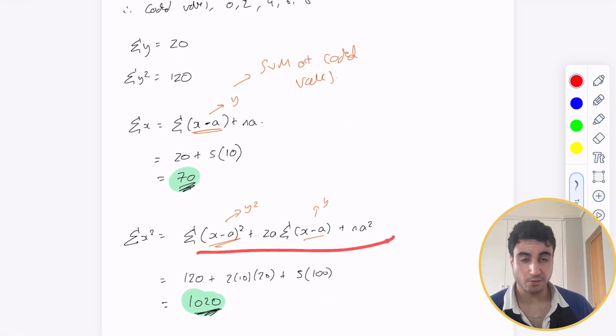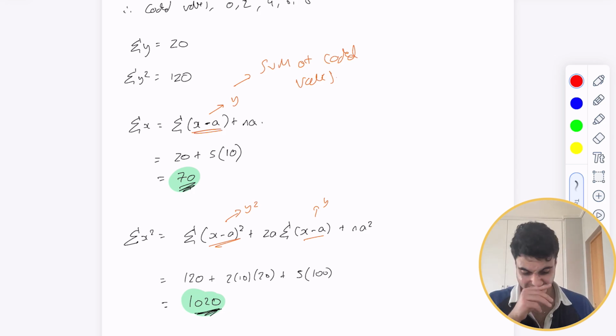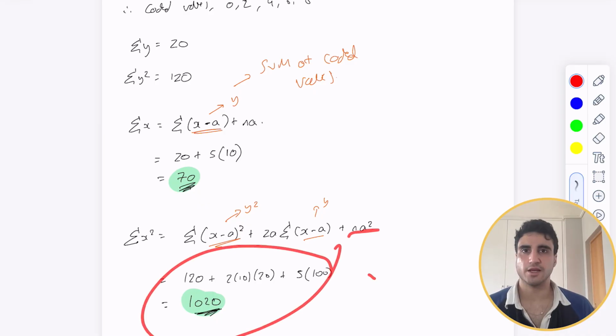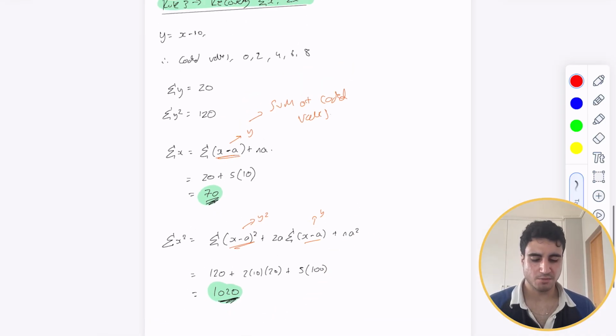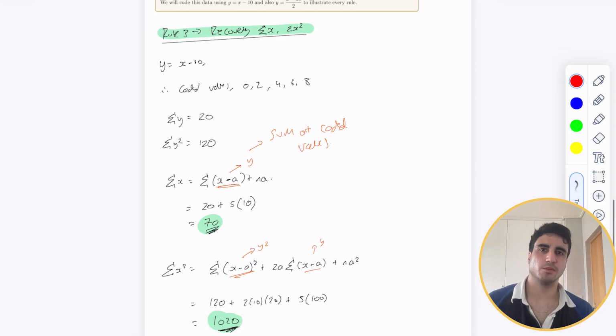And the sum of x squared, well, we just expanded that out. So to recover that, the sum of the squared coded values, and then 2a times the sum of the coded values, plus na squared. Then we get this. So a bit more algebraic, high level, whatever, but again, just to try to illustrate a bit of intuition behind that.